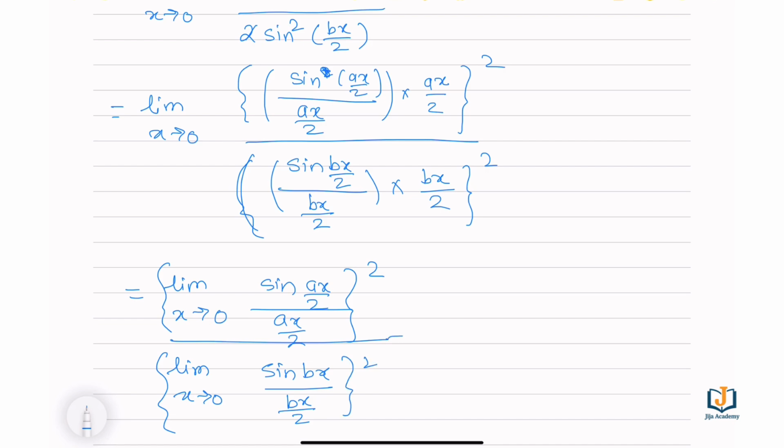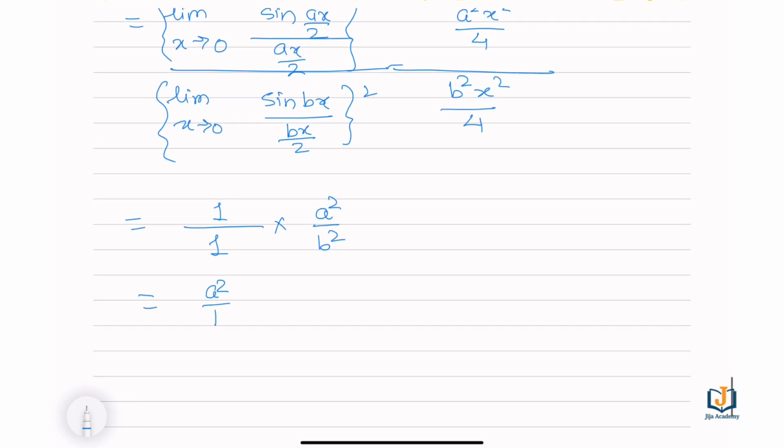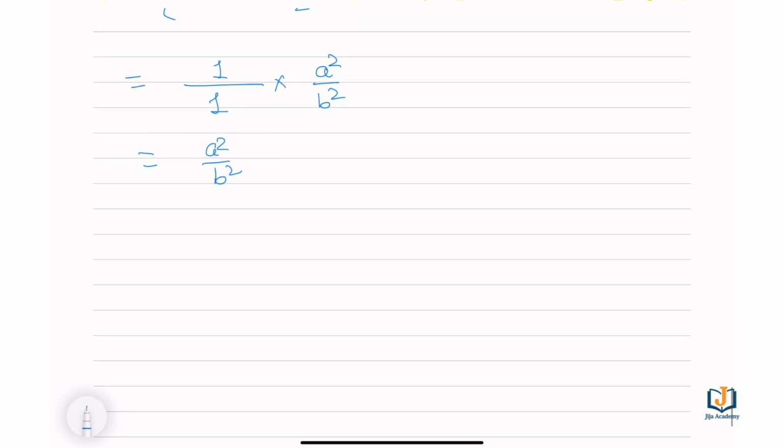Here a square x square divided by 4, divided by b square x square upon 4. So here is the answer: 1 upon 1 into a square upon b square. So we get answer a square upon b square. So limit x tends to 0 1 minus cos ax upon 1 minus cos bx is equal to a square upon b square. This is the answer.